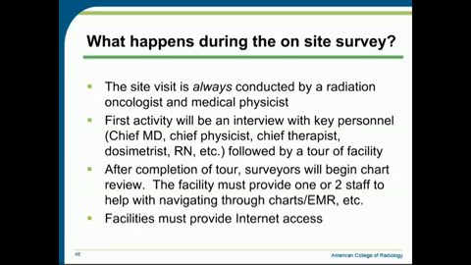That usually lasts about 45 minutes to an hour. And then after that, we tour the facility to get an idea how you run things there. And then after the tour, the surveyors will go through all the charts, review them, and again, you have to make sure you have internet access.